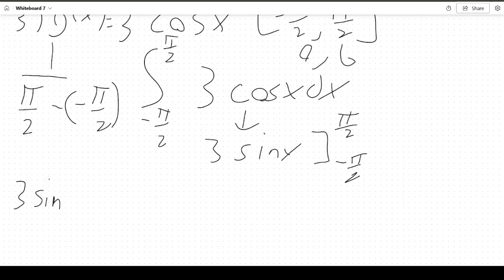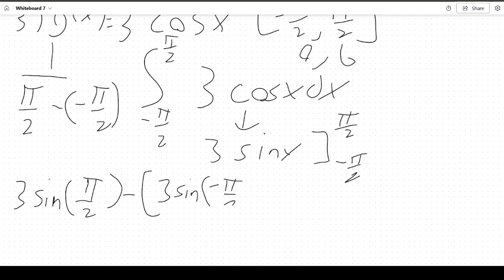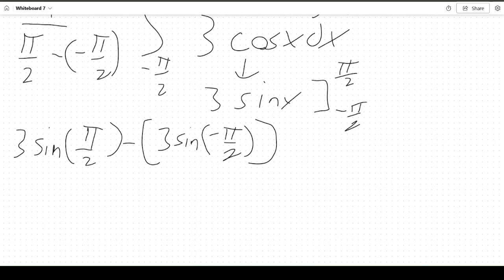Now plug in our values. Sine of pi over 2. Let's take a look at our unit circle. I just like to use this method because it's much easier. So here we have all our values.